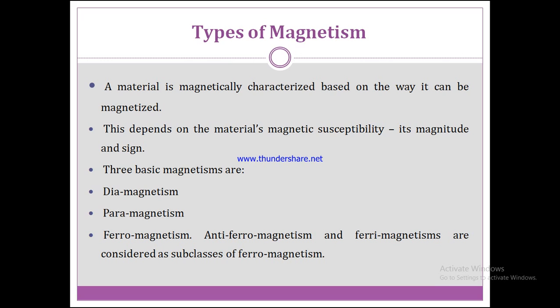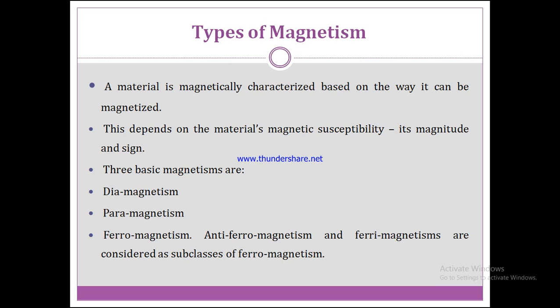The first one is diamagnetism. The second one is paramagnetism. The third classification is known as ferromagnetism, within which there are two subclasses: antiferromagnetism and ferrimagnetism.